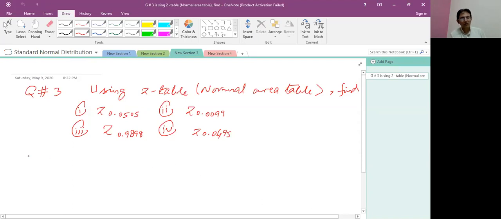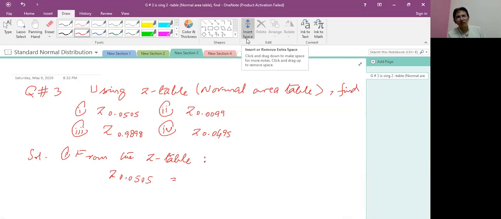So we will move, student, in the first part, to the z table. We determine z at 0.0505 with the help of the z table.